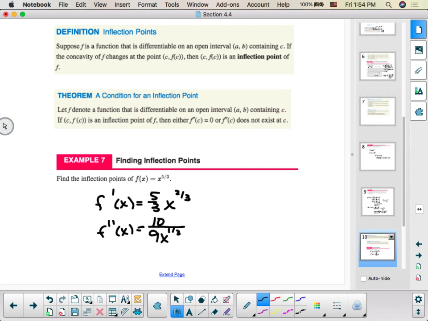So it does not exist at x equals 0, and it's going to be negative when x is before 0 and positive after, so we have a point of inflection at x equals 0.